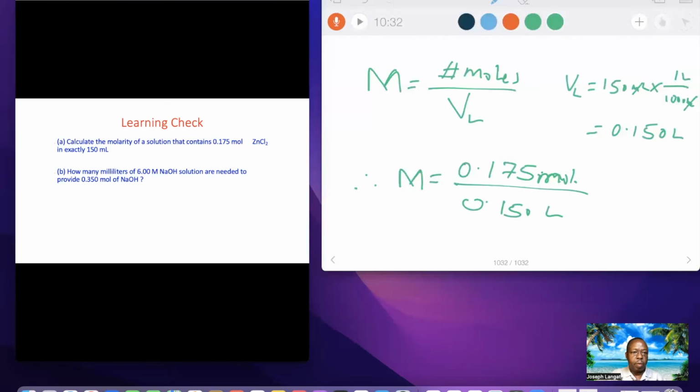If I divide that, it is 0.175 divided by 0.150, and I get 1.1666666 in the calculator. This is more than what we need for our final answer, so you should go with the significant figures. I see this has 3 significant figures and this has 3 significant figures, so let's go with 2 significant figures.